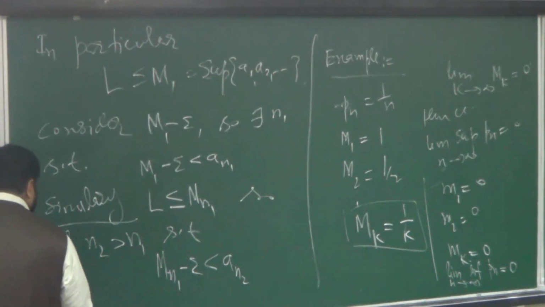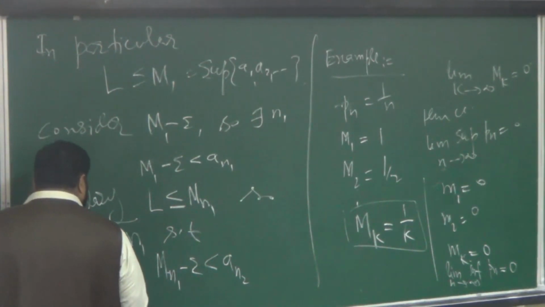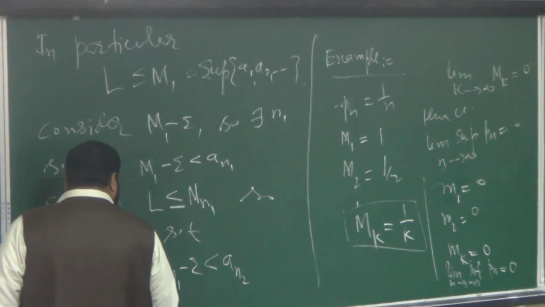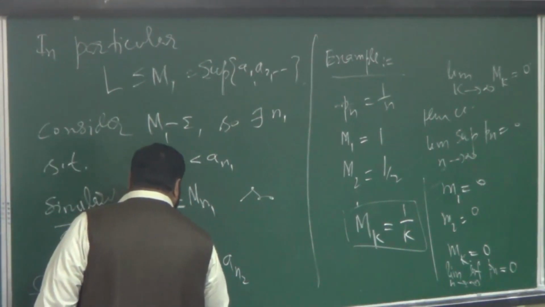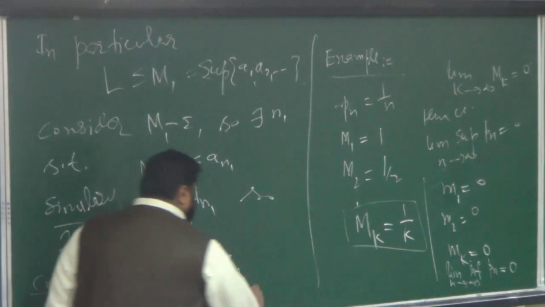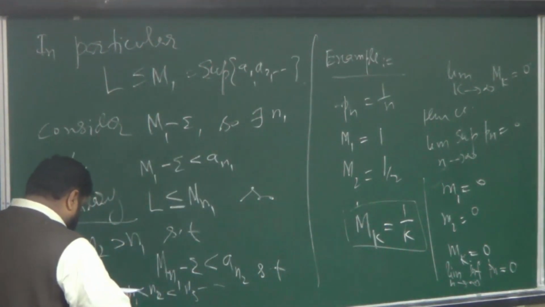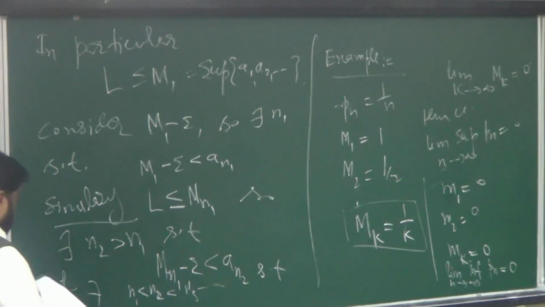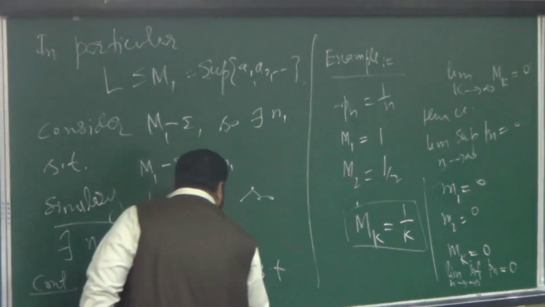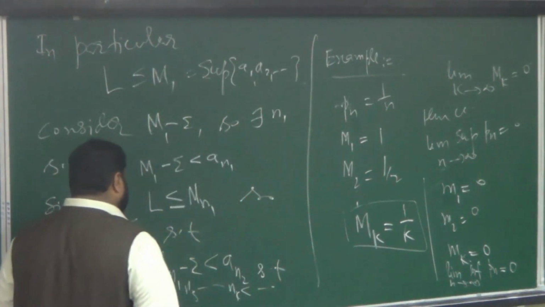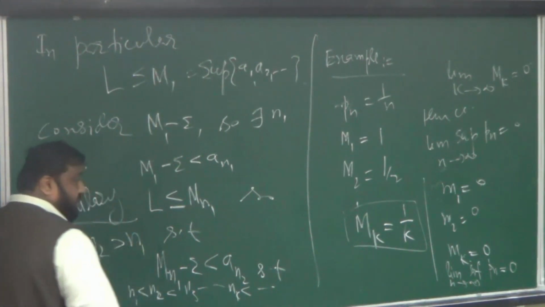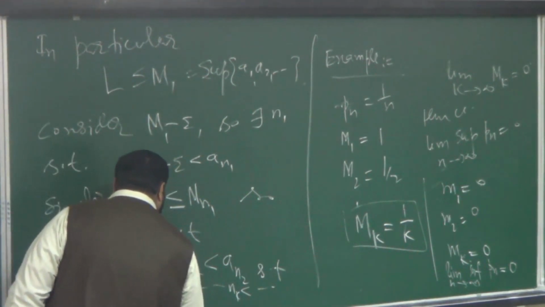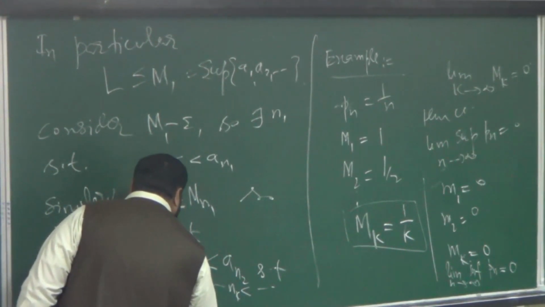If I continue doing this, there exist n1 smaller than n2, smaller than n3, and so on and so forth, such that M n_k minus epsilon is smaller than A n_k.